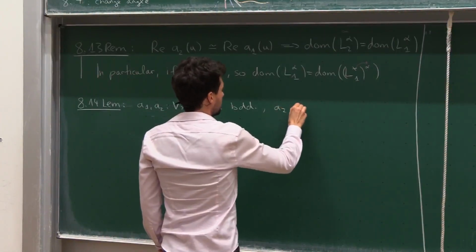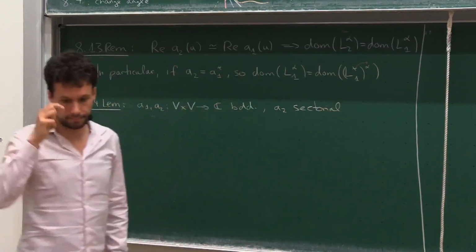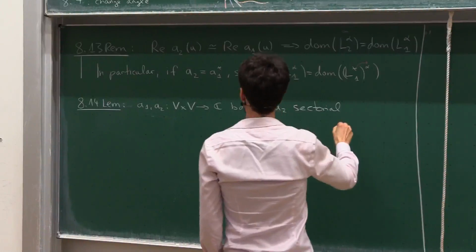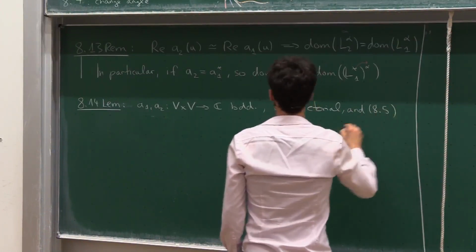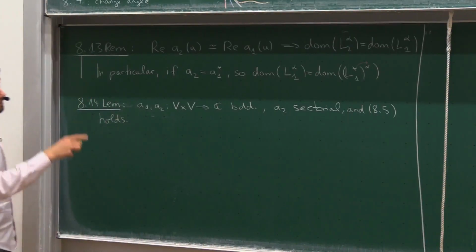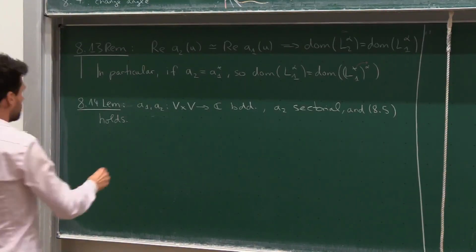that A2 is sectorial. Okay, and suppose that 8.5 holds. Okay. So this inequality on the quadratic forms implies the following.